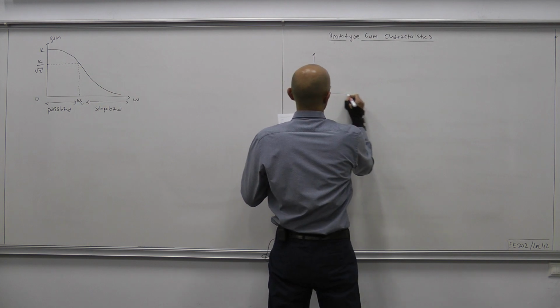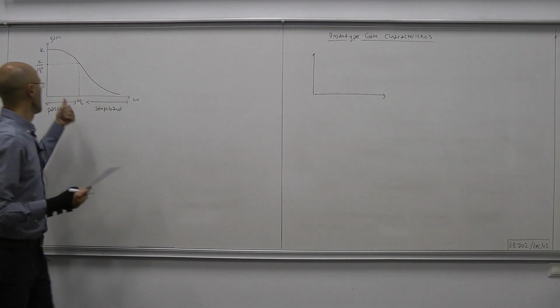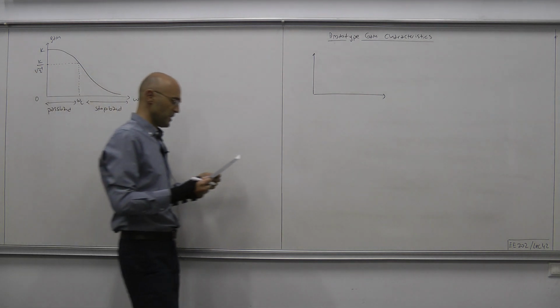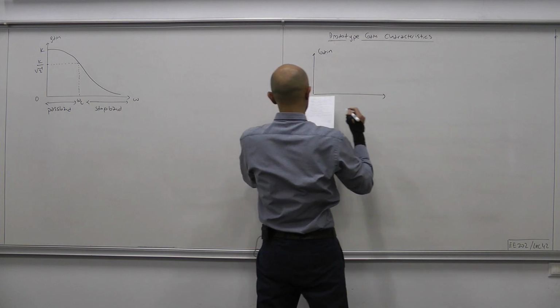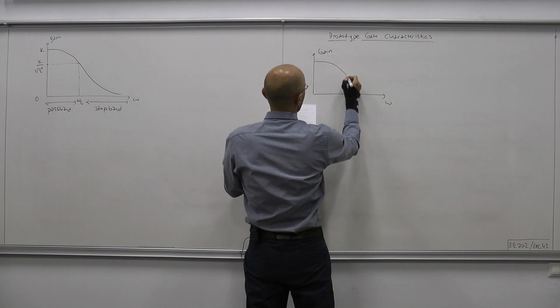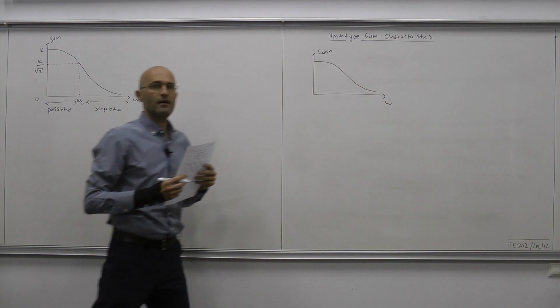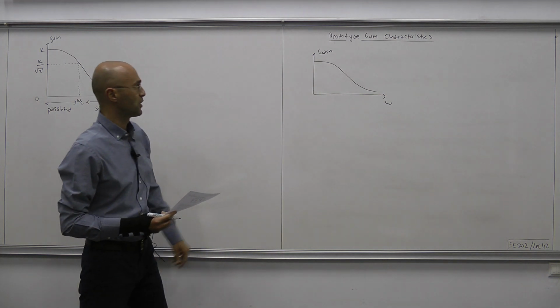This is what we call the low pass. For the sake of completeness, let me redraw it here. Omega. The shape has the following picture.